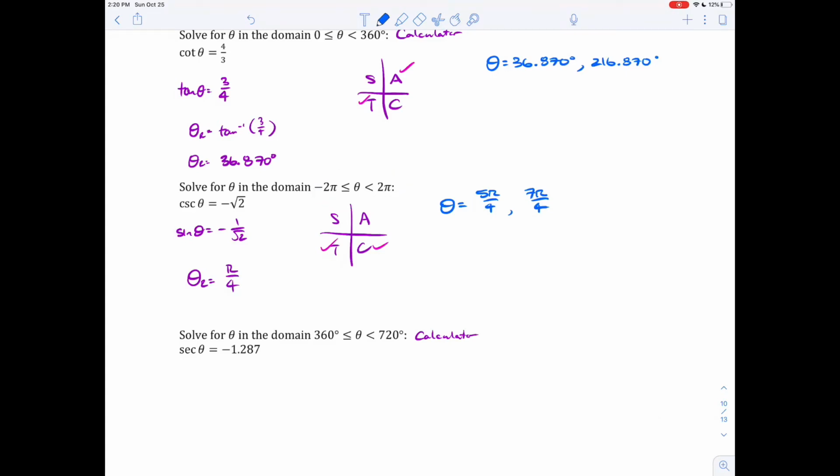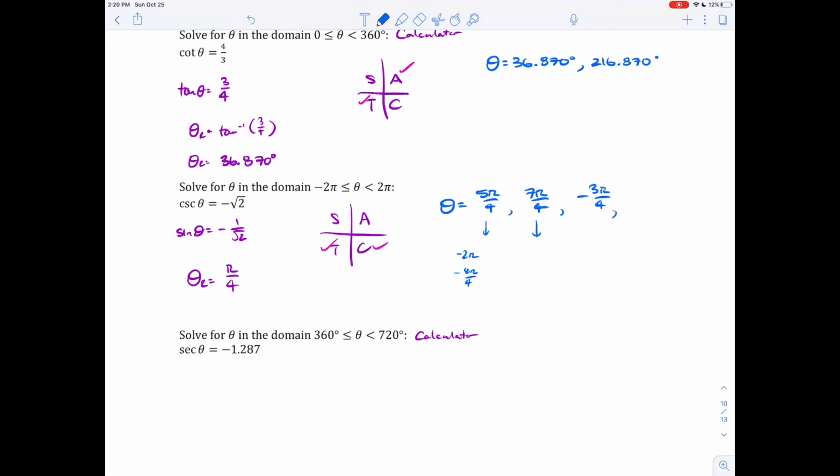If I subtract 2 pi from this, that's like subtracting 8 pi over 4. 5 pi over 4 minus 8 pi over 4 is negative 3 pi over 4.